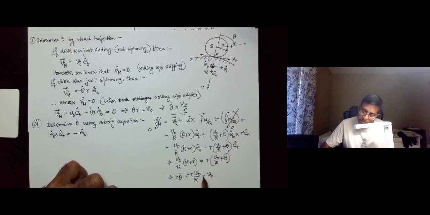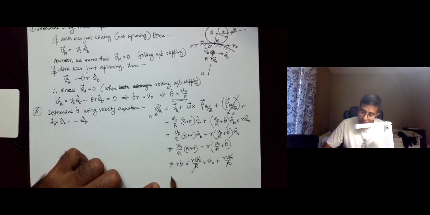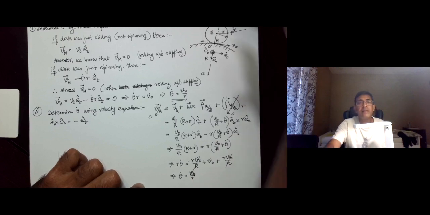This should be minus, this should be plus, plus r V0 over capital R. So these two terms cancel and we get theta dot equals this.